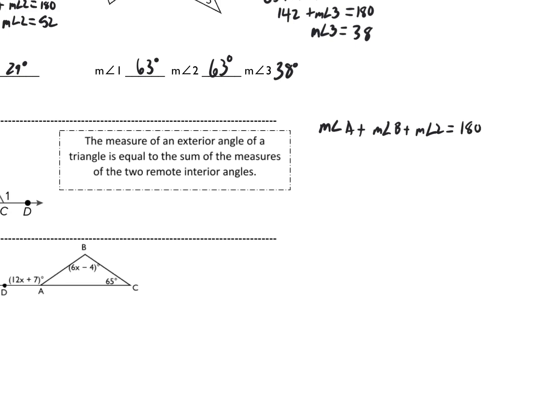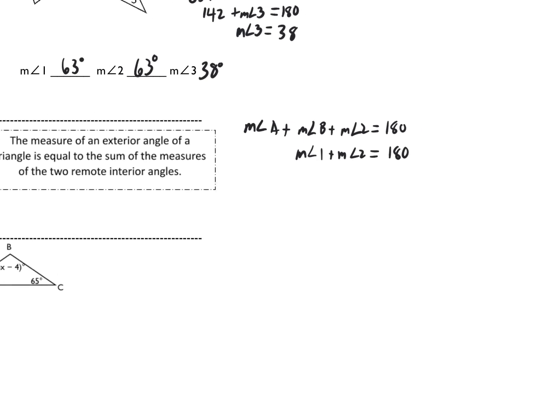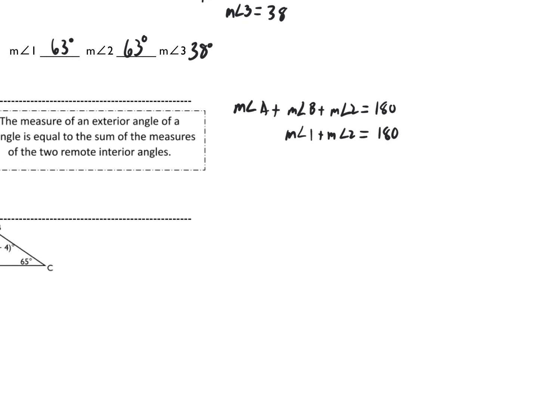We also know that every interior and exterior angle, when they're paired together, form a linear pair, so they're equal to 180. So I could say the measure of angle 1 plus the measure of angle 2 add up to equal 180. Notice both these things equal 180, so I can actually use the transitive property, set these things equal to each other.